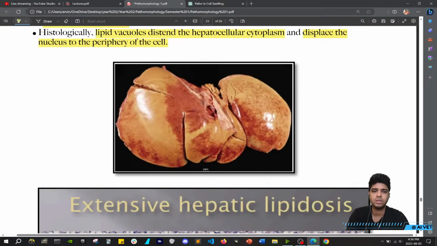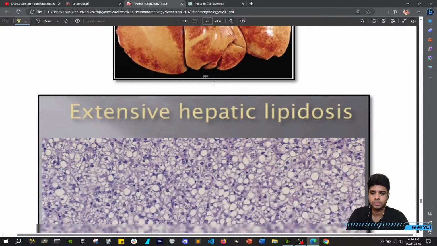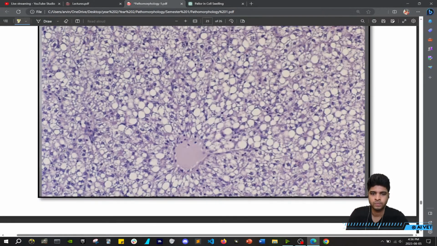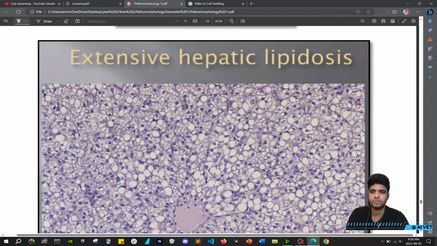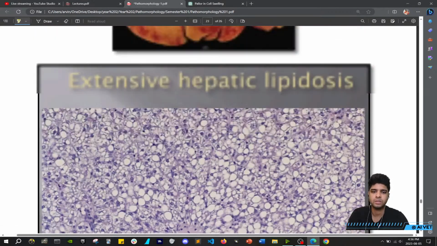The hepatocellular cytoplasm. Extensive hepatic lipidosis.